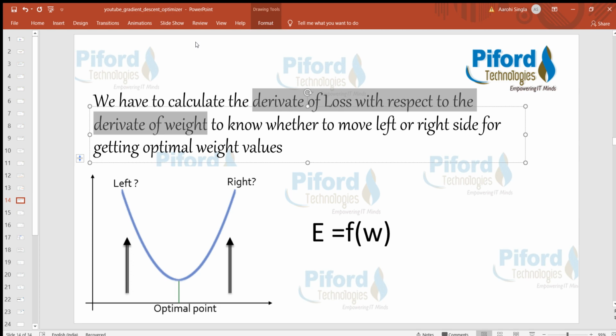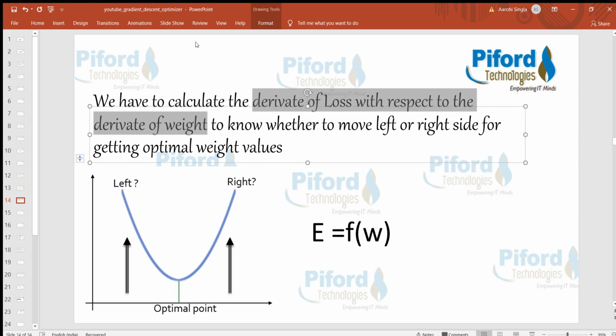If we change the input value and the weight value, then obviously the actual output value will also change. And if the output is changing, that means the error will also change. So essentially, what I'm trying to say is that error is a function of weight. That's why we are taking the derivative of error with respect to the derivative of weights.